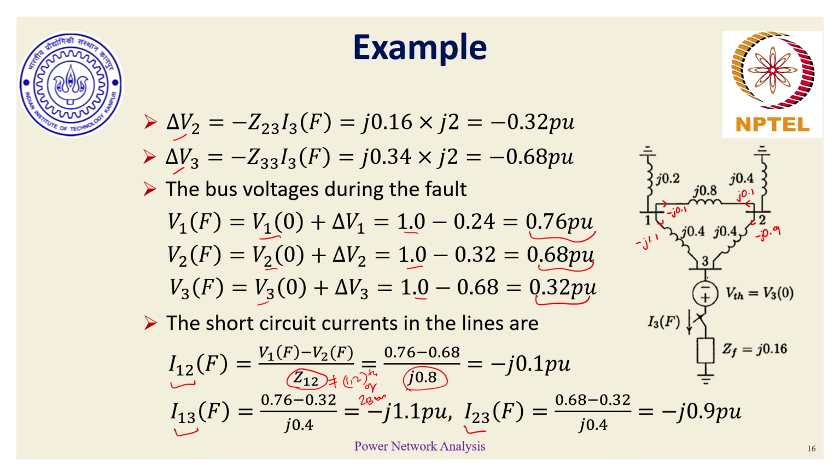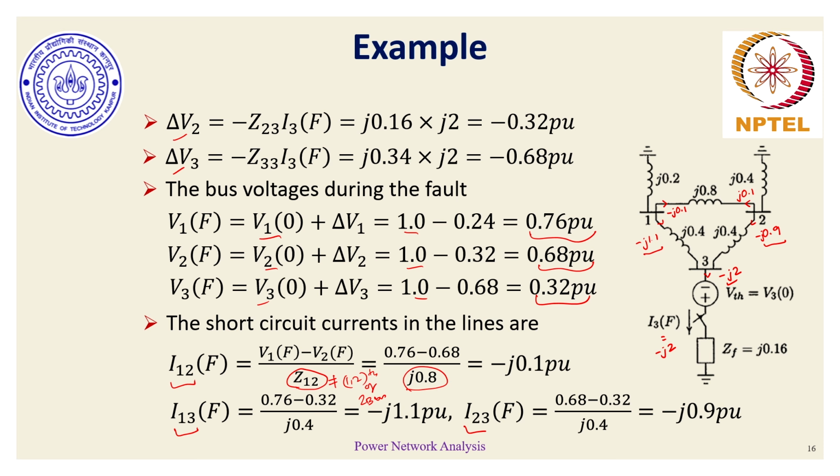and after the switch is closed, IF is minus J2 PU itself. So if I apply KCL at node 3, is my KCL applicable? Yes. Minus J1.1 added with minus J0.9 adds up to minus J2 PU. Is the KCL applicable at bus 1?